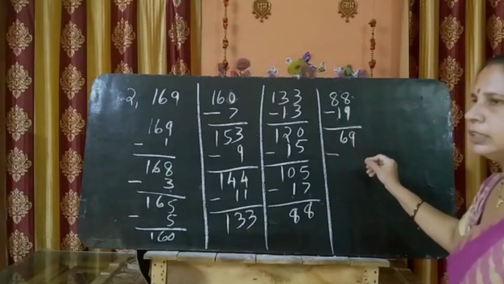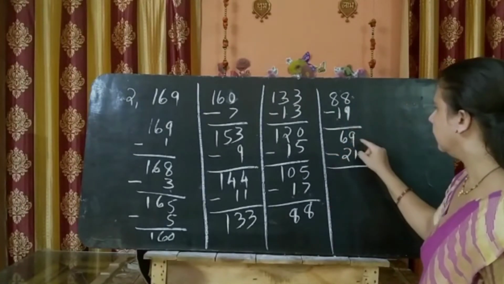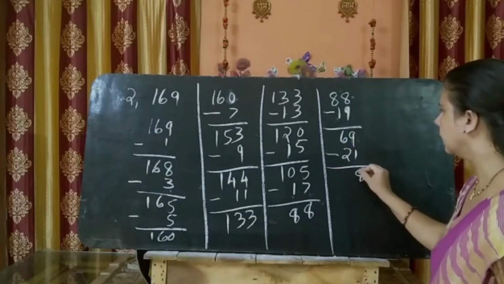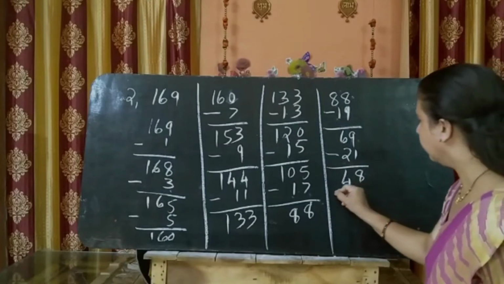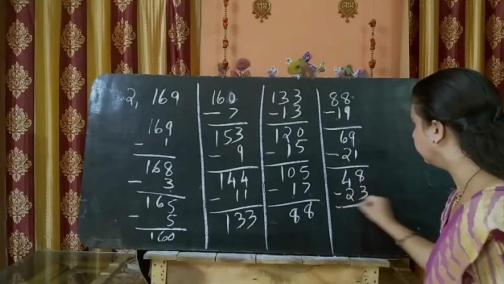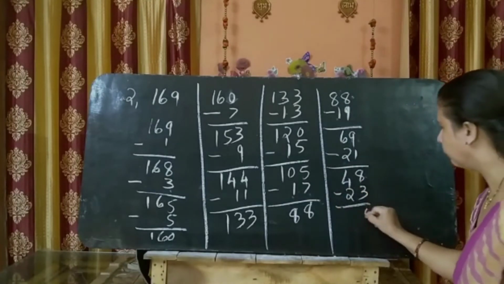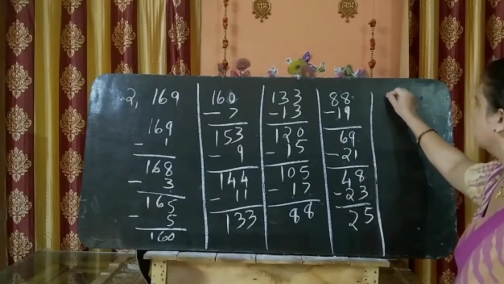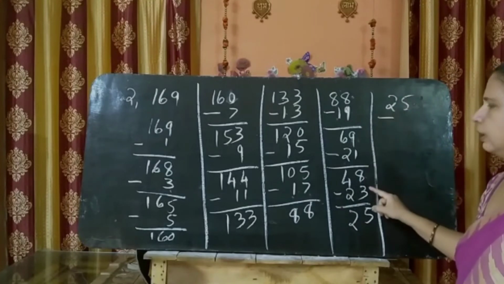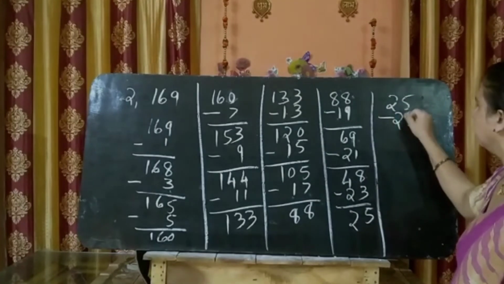Next odd number is 21. 69 minus 21, 48. Next odd number is 23. 48 minus 23, 25. Next odd number is 25.